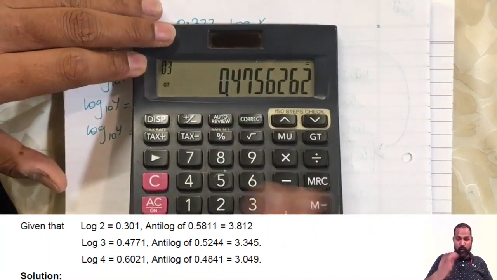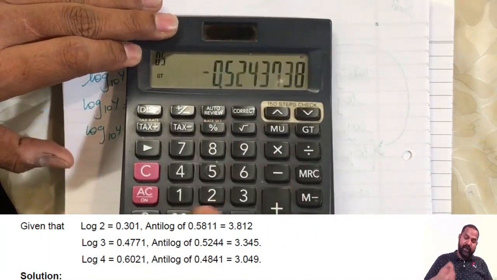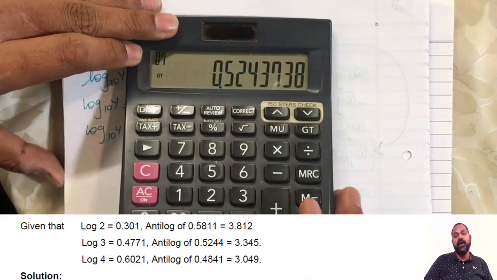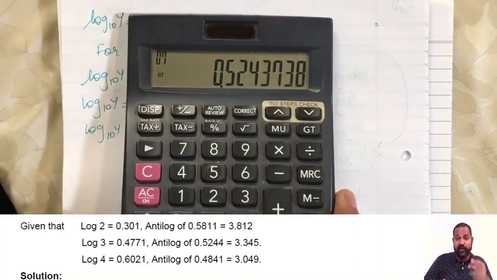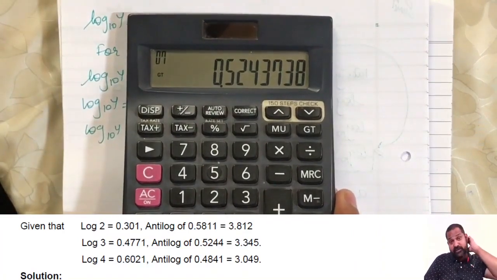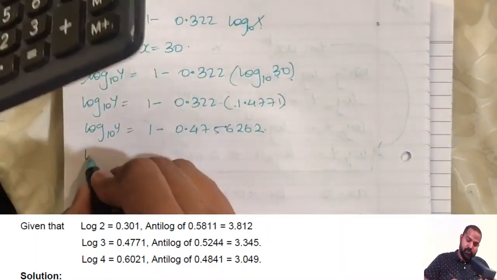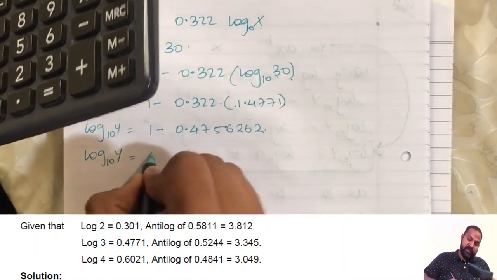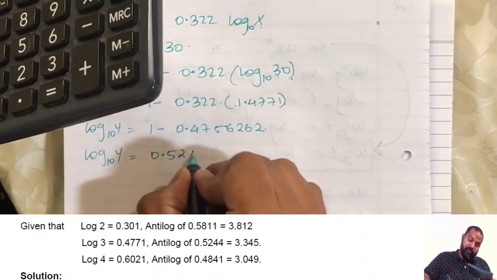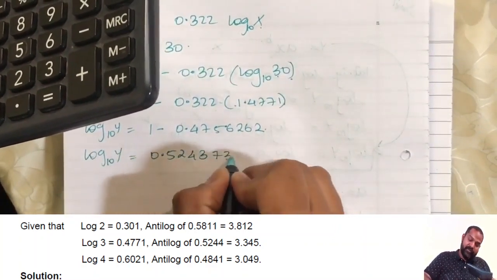Subtract 1. Now I'm doing a reverse subtraction. I'm doing minus 1 and I know the answer will be negative, but it should be positive because I have done a reverse subtraction. So the answer is 0.5243738. So log of y to the base 10 is 0.5243738.